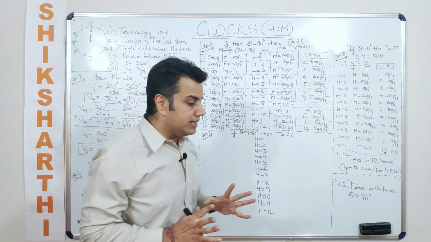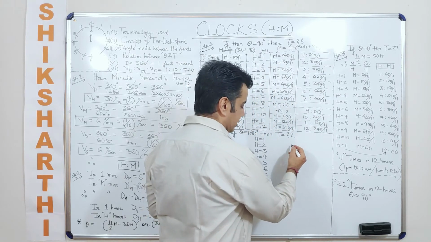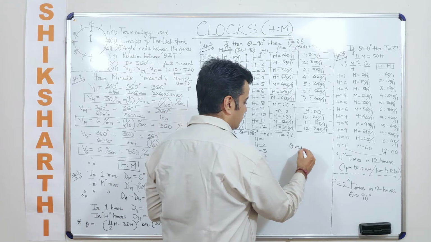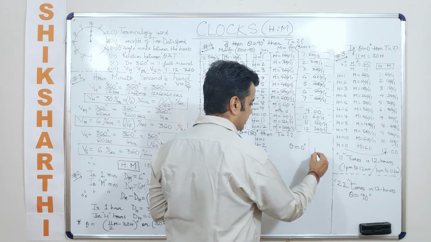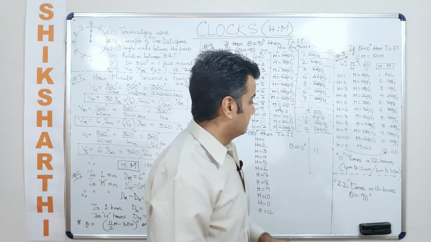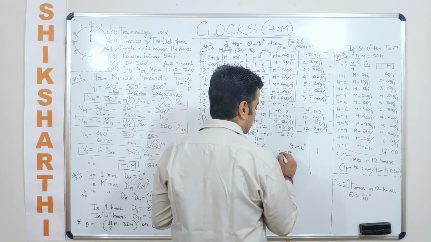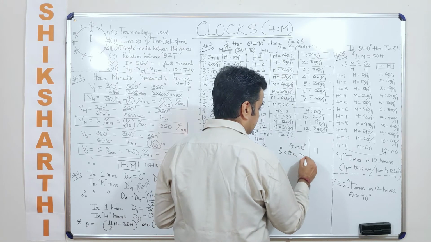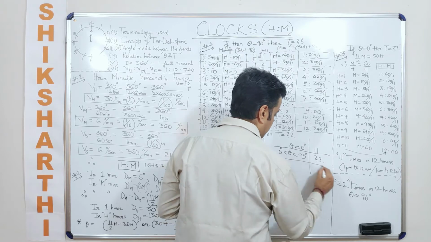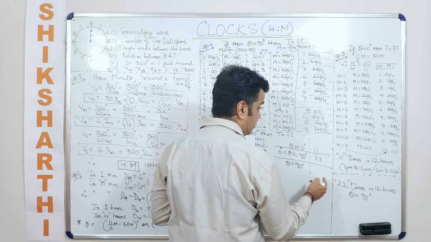And then the final thing that you are expected to do is to divide the entire discussion into a few parts. That means when theta is equal to 0 degrees, how many times would they meet? We already discussed they would meet 11 times in 12 hours. Similarly, when theta is between 0 and 90 degrees, how many times would they meet? Next, when theta is equal to 90 degrees, you already have the answer.